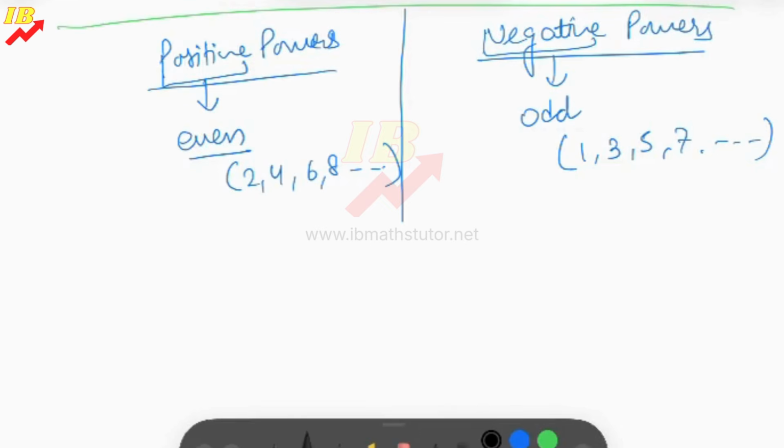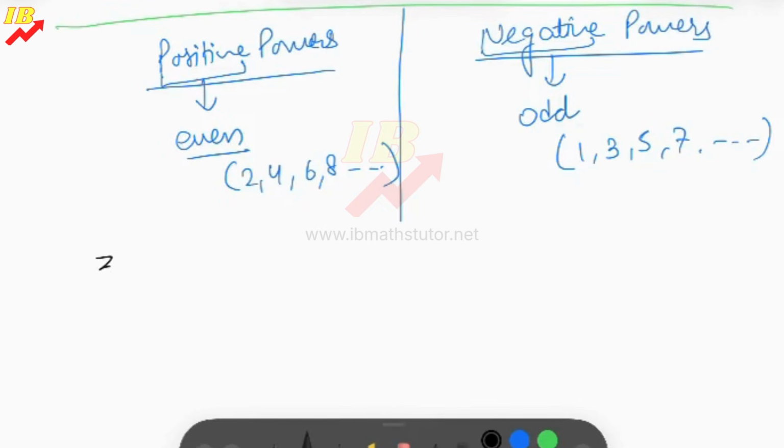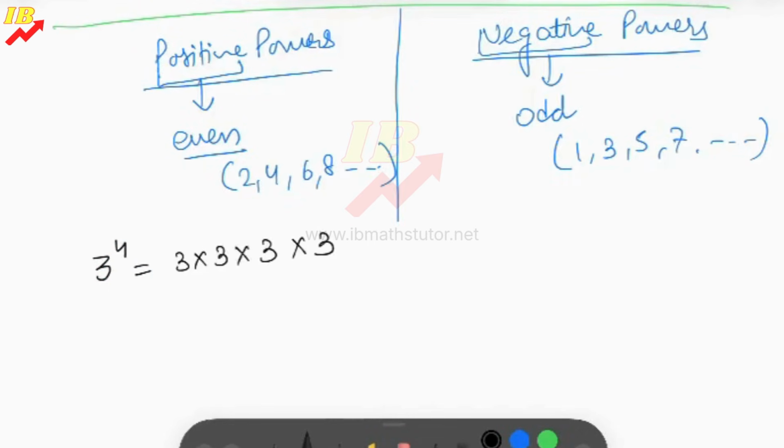If I'm writing 3 raised to power 4, it's 3 times 3 times 3 times 3. Because the power is an even number, whatever answer you get is going to be positive.